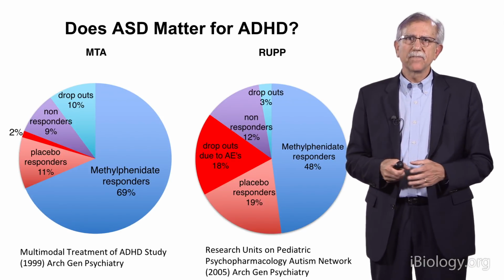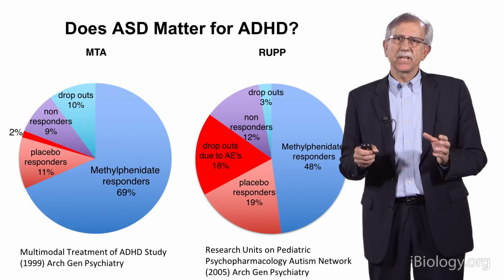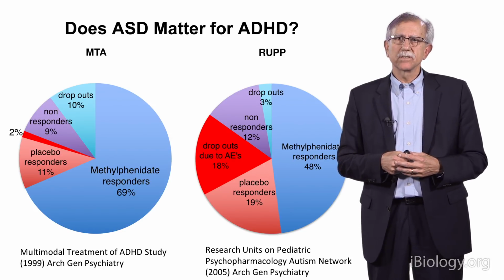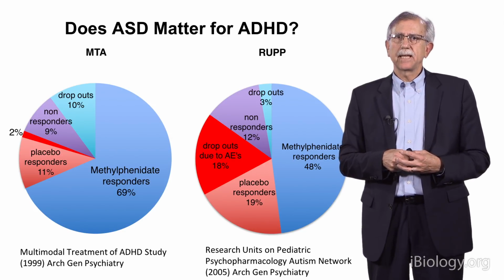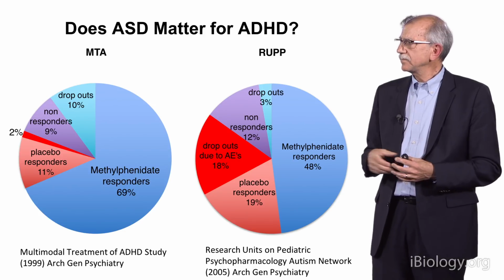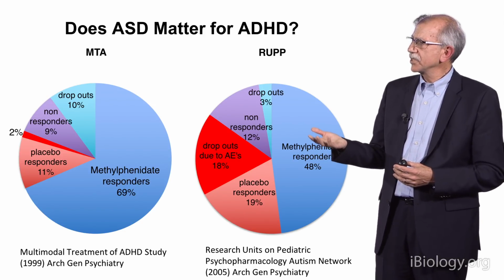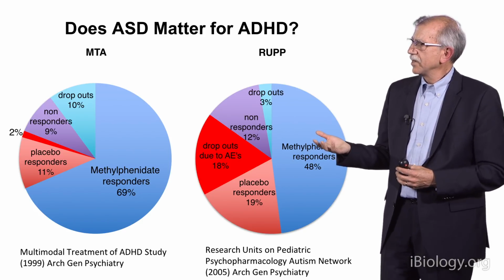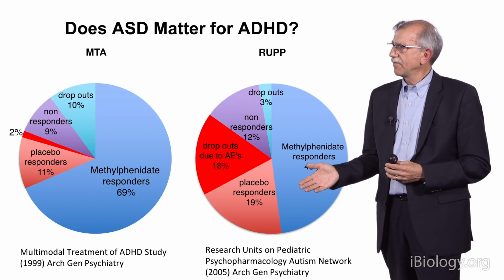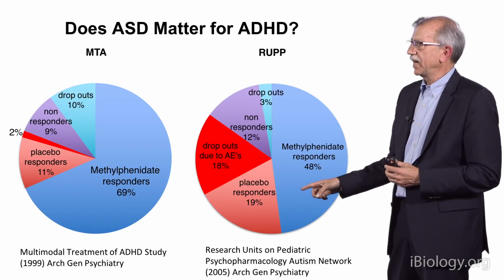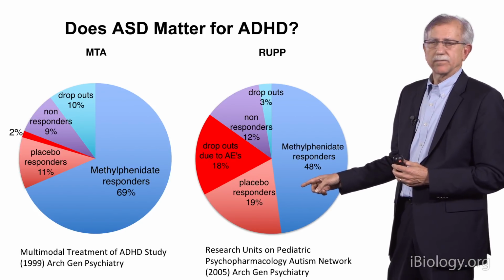In one of the largest trials associated with stimulants in the setting of autism, the Research Units on Pediatric Psychopharmacology, or RUPP, trial revealed that in about half of cases, methylphenidate was effective.